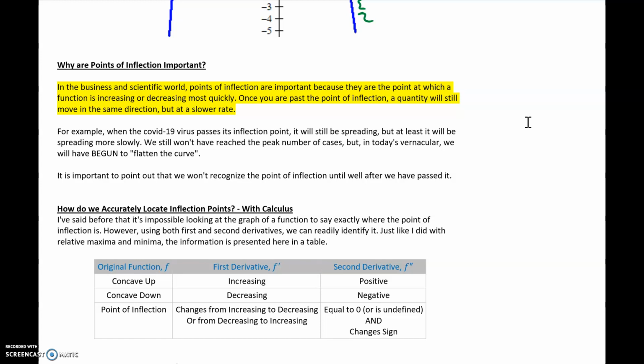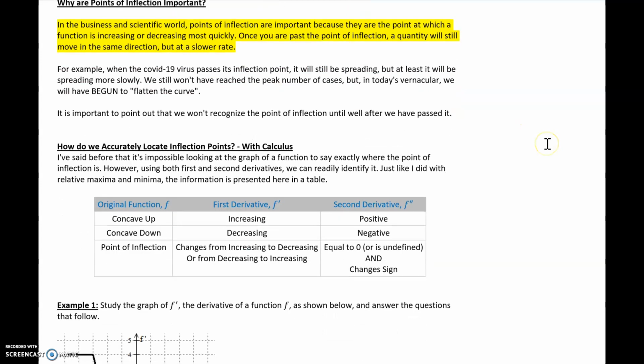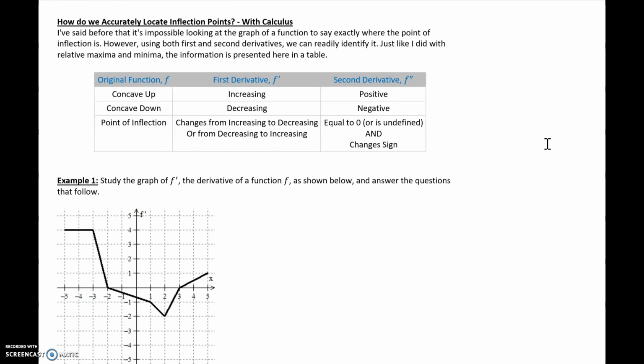The number of cases will continue to grow, but not as quickly as before, so we'll have begun to flatten the curve. And as I said here, it's important to point out we won't recognize the point of inflection until well after we've passed it. You can't see it in the present, you only see it in the rear view mirror, if you like.